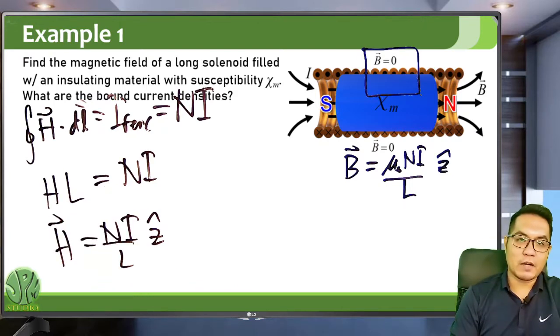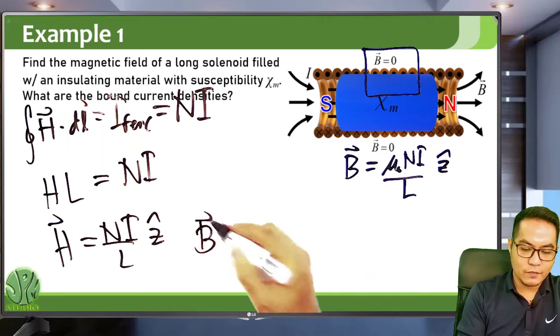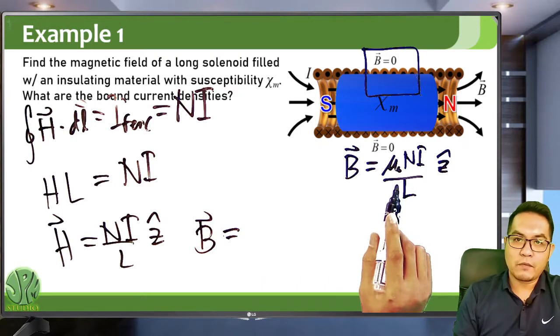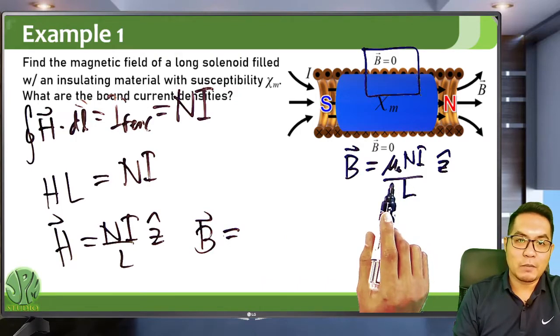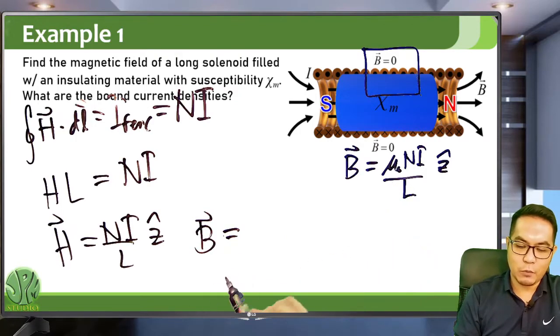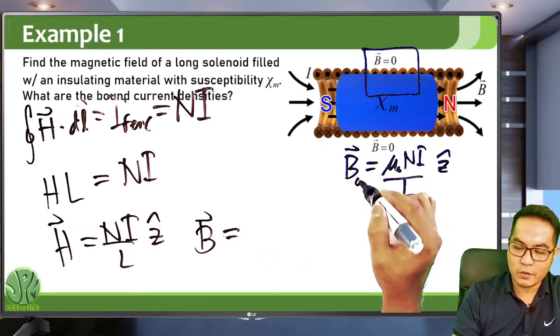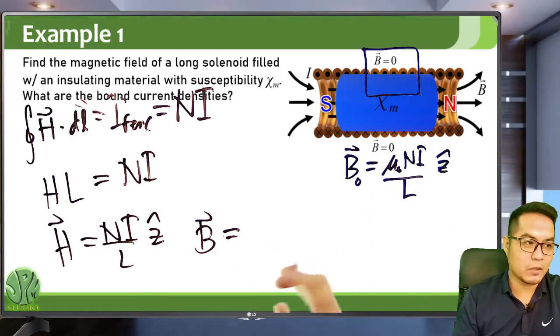So again, the auxiliary field is in the same direction as our magnetic field. So this is now the auxiliary field. To find the magnetic field, take note, this is the magnetic field without the insulating material, but the magnetic field now with an insulating material, I'm just going to call this B naught, so you will not be confused.